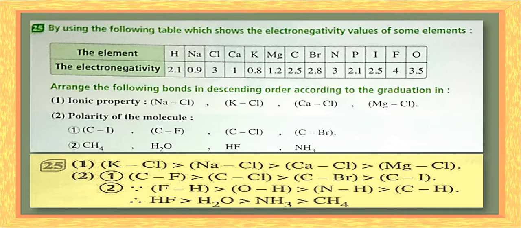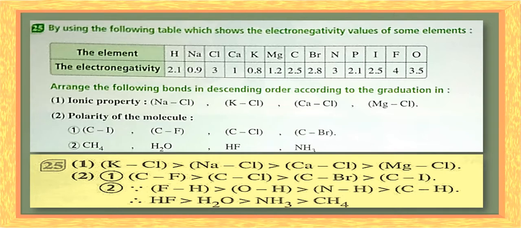Also we want to arrange in descending order the polarity of the molecules CI, CF, CCl, and CBr, carbon iodide, and we want to know each one. Arrange according to polarity, as we said, we take the highest one in electronegativity. We have here fluorine 4 and carbon 2.5, so the highest one will be CF.